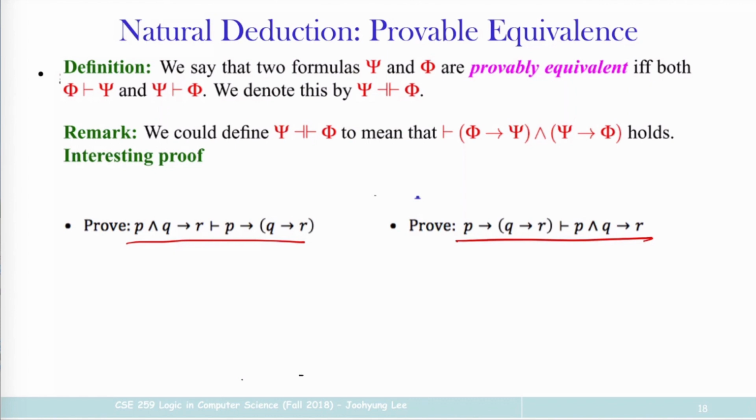So assuming the left formula, we derive the right formula, and assuming the right formula, we derive the left formula. So in that case, we can say that these two formulas are provably equivalent. Okay? So they are actually just the same, they have the same meaning. So we are going to write this one to mean that this is true. Okay?